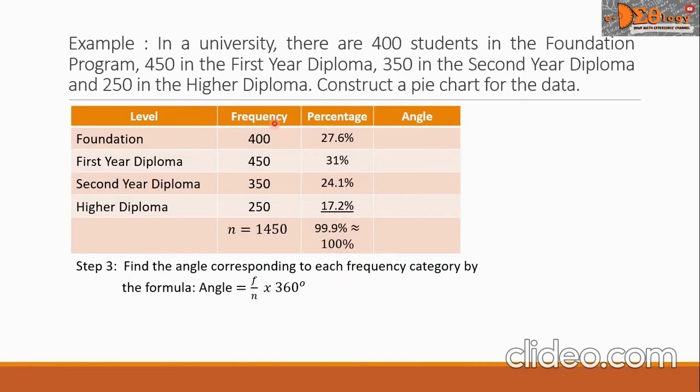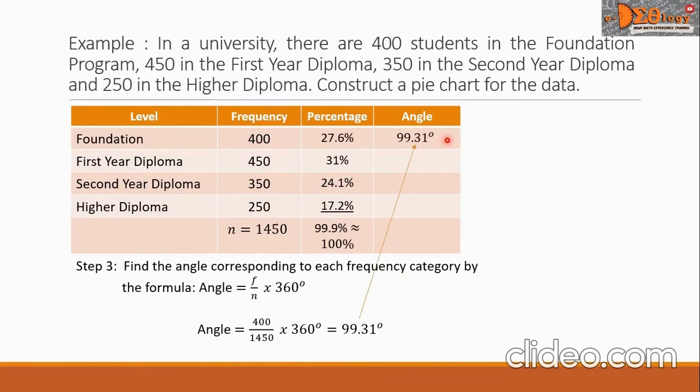It means, again, I'm going to use the frequency value and then divide by the n, 1450, times 360 degrees. This is equal to 99.31 degrees. This value we will copy on this blank.